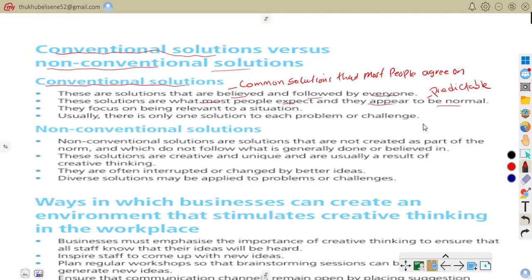For example, advertising products on TV or radio. It's predictable that they focus on being relevant to a situation. They directly address the problem in a standard way.